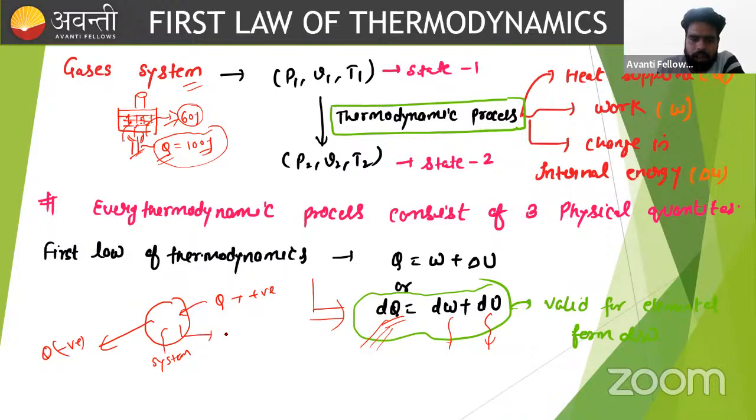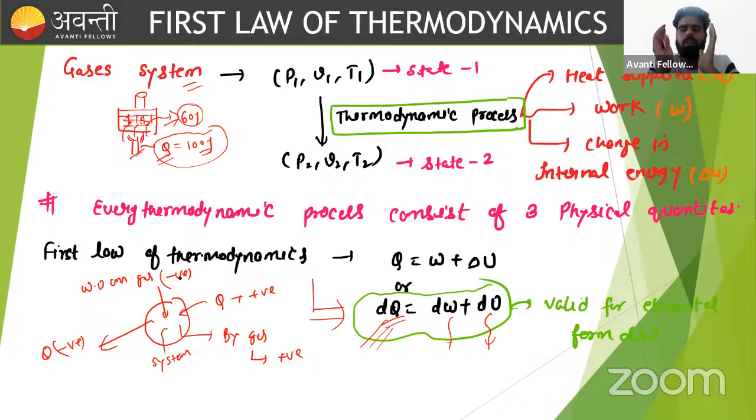Whenever work is done by gas, it means gas is independent. Yes or no? Gas can do work. That is the good thing for gas. We can say work done by gas is always taken positive. If we work on gas, we can say work done on the gas is taken negative. So using this consideration, we put the sign of heat and work.